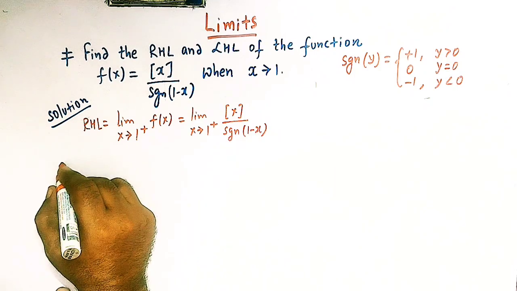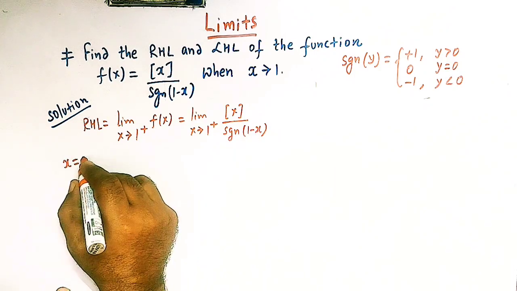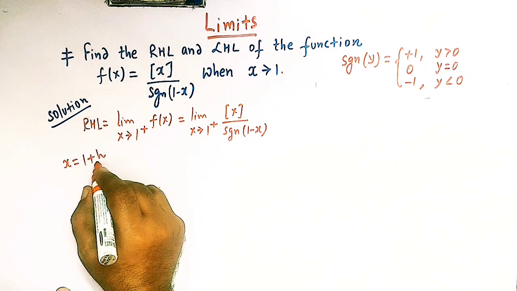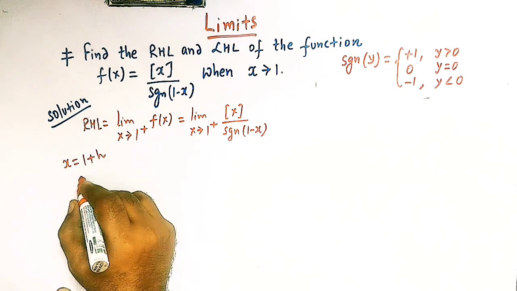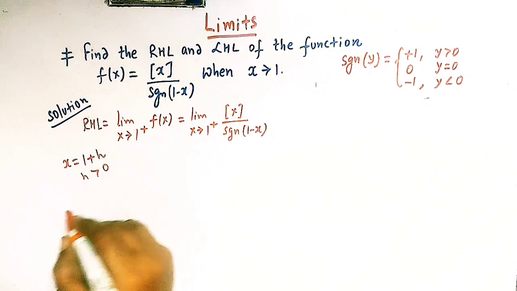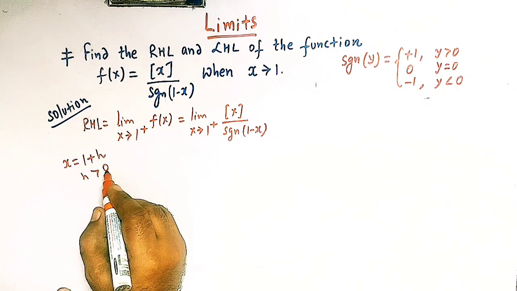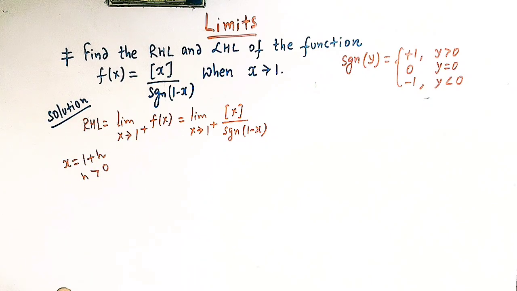Now let us take x is equal to 1 plus h, where h is infinitesimally very small and h is a positive quantity and it lies between 0 and 1, and h is very small, right?